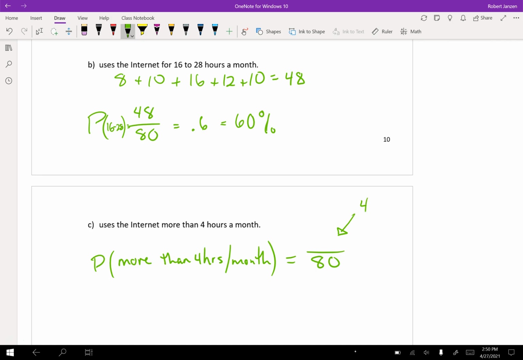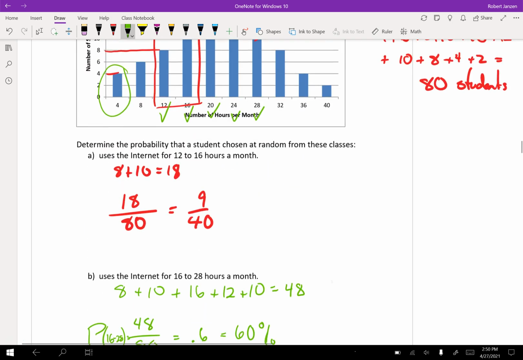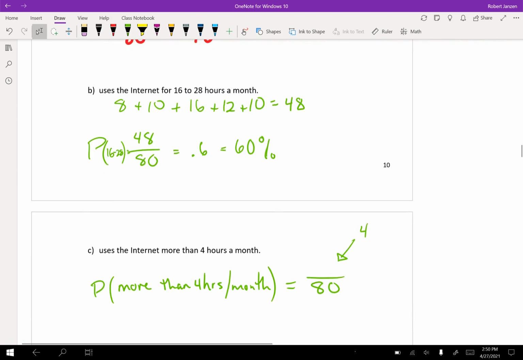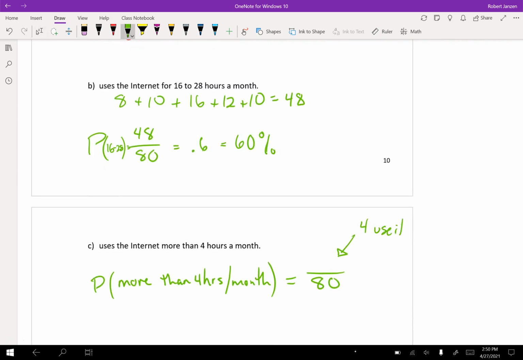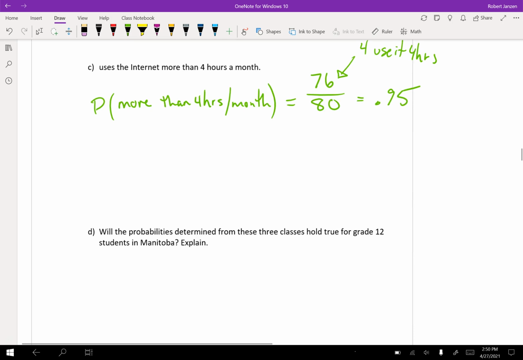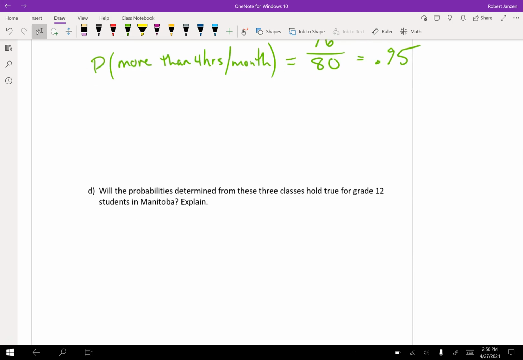This first bar represents 4 use it 4 hours. That means the other 76 use it more than 4 hours. And if you put that in the calculator, I think that gives you 0.95 or 95%.